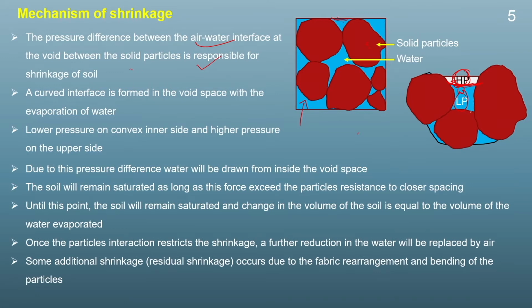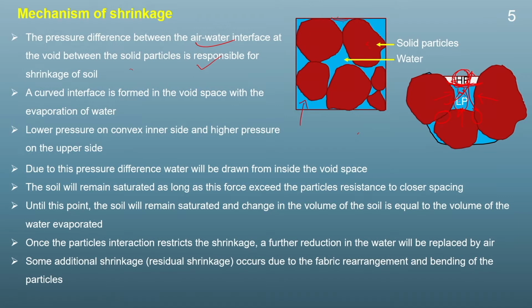So, due to this pressure difference, the water will be drawn out from the inside of this void space, and due to this movement of the water, the solid particles will also try to come closer. Now, between the solid particles we have different resisting forces, maybe because of the frictional forces or maybe due to the interparticle repulsion forces.